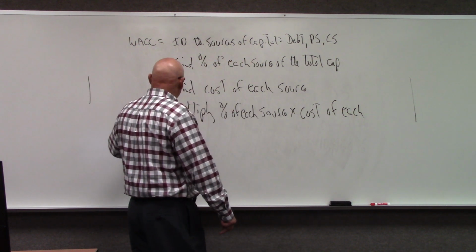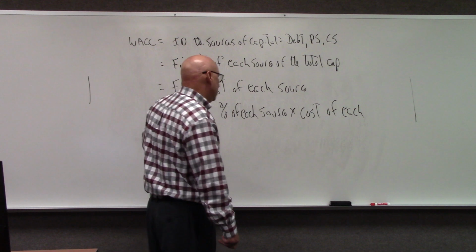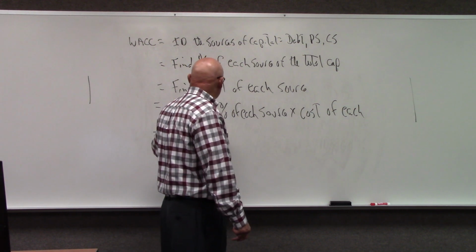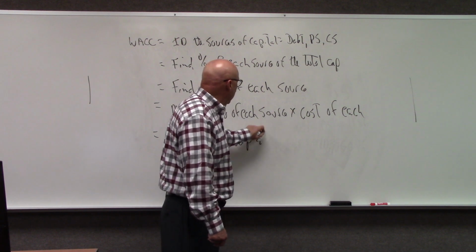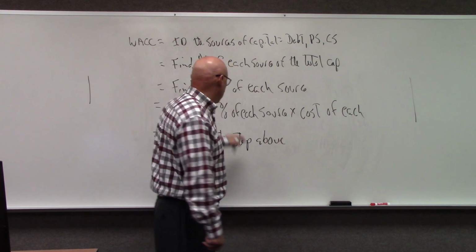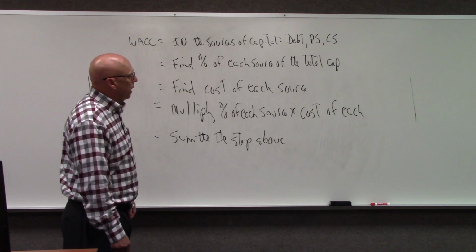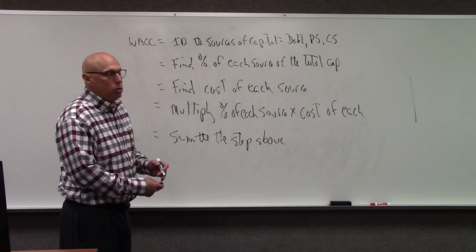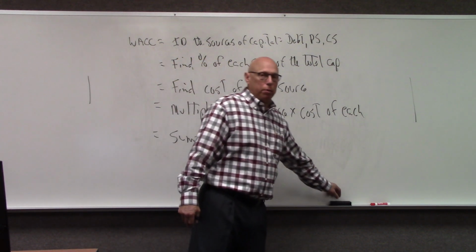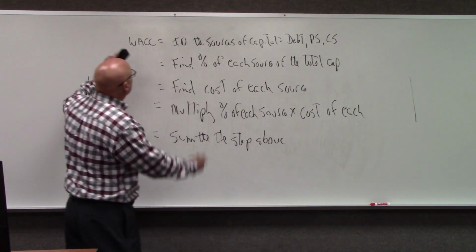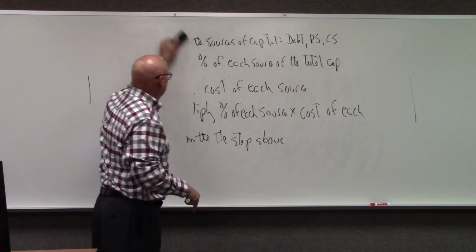Lastly, sum the step above. Add up the weighted costs, and we get the WACC. All right? So that's the whole process. And now we're going to work 3 problems that will involve all of these steps.